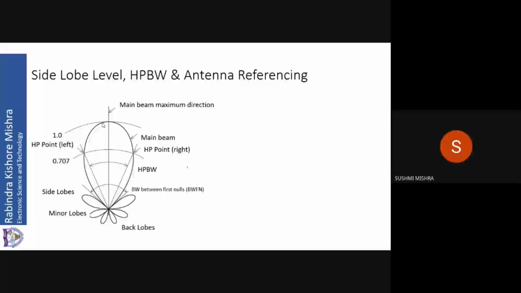So the angular separation between the nulls of the main lobe is called a beamwidth. Which type of beamwidth? First null beamwidth, because they are the first nulls or first minima. So this is the first null beamwidth.